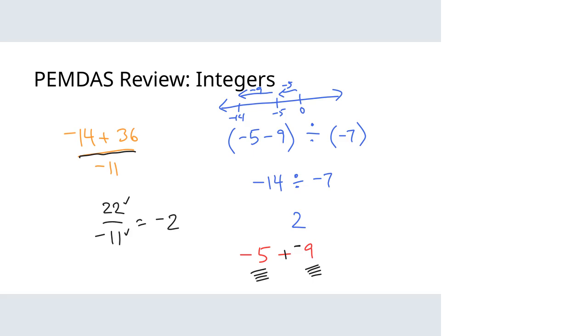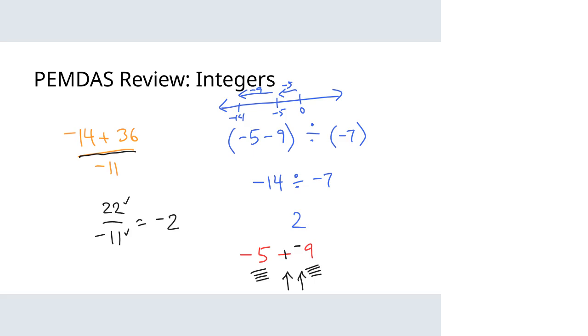So if it's easier to think of it as an addition problem, that's perfectly fine. Just make sure when you change it to addition, you use the opposite of the number you were given. Perfect. Excellent. Very good. And an excellent question also.